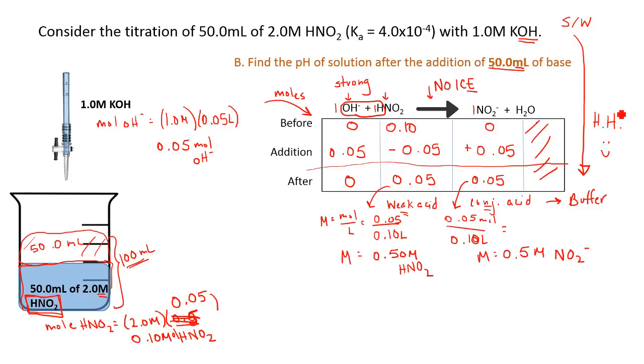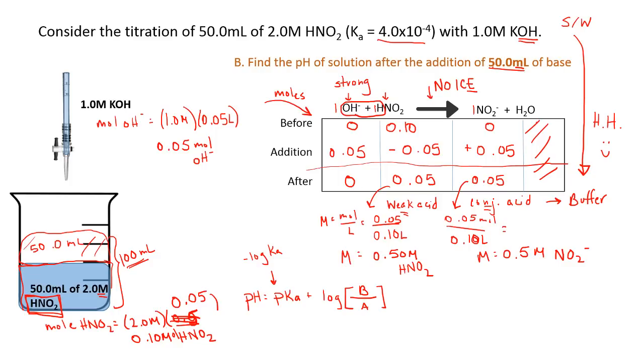So we said we find the pH of a buffer by using Henderson-Hasselbalch. That tells me that pH is equal to pKa plus the log of the base over the acid in the buffer. I know my Ka, it's given in the problem. If I take the negative log of this, which is what pKa means, right? It means negative log Ka. I get that value to be, oh, I didn't write it down. Let's just calculate it now.